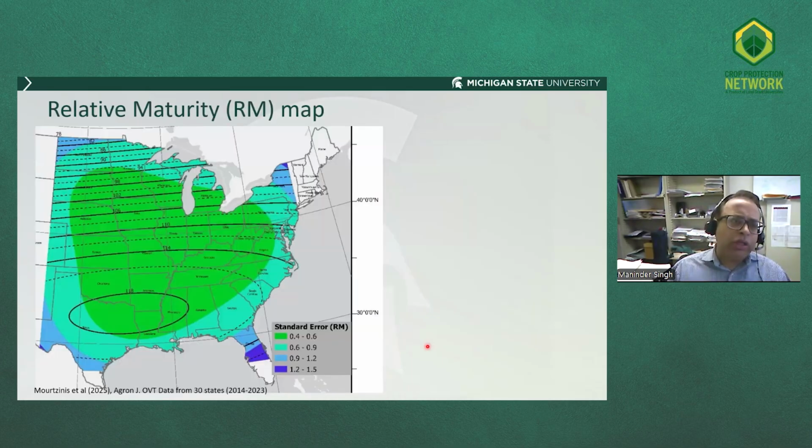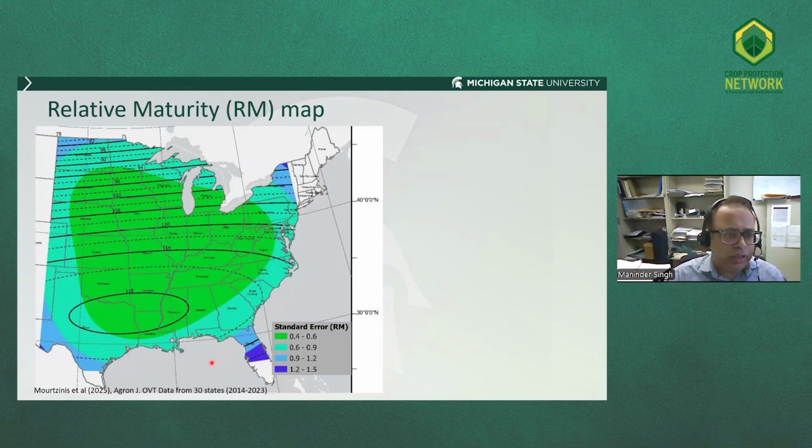When we think about relative maturities for corn, there are resources available out there, right? Seed companies have a lot of resources. We have recently published a paper on this with this map I'm showing you over here across the whole US. This was based on the variety or the hybrid testing program that most states do.